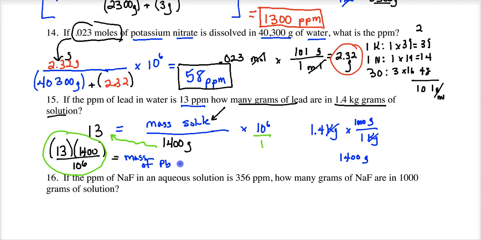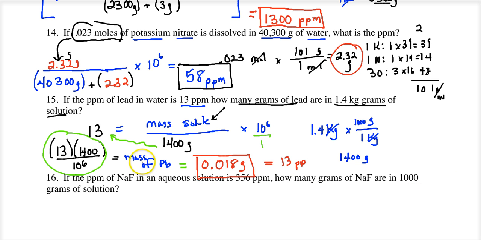And what I get as my answer, since I'm solving for grams, is 0.018 grams. So 13 parts per million in 1400 grams of water means that the grams being dissolved is that small. That makes sense. 13 ppm equals that many grams in 1400 grams of water, and that's your answer.